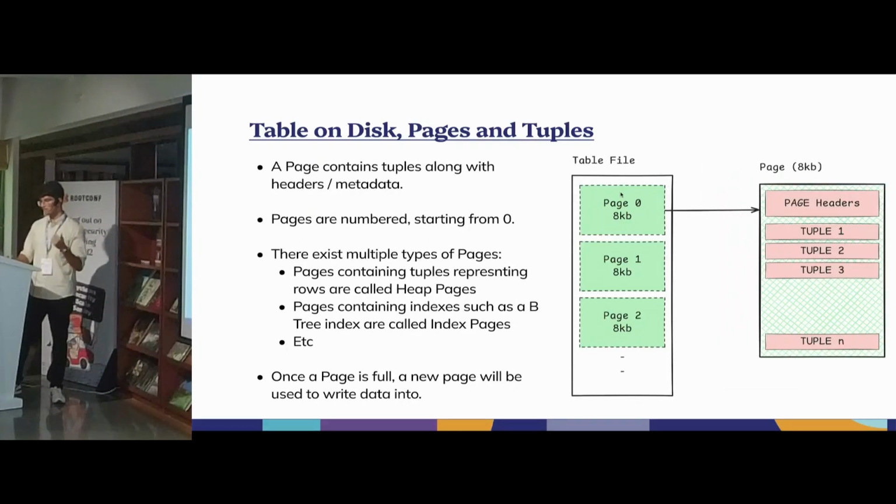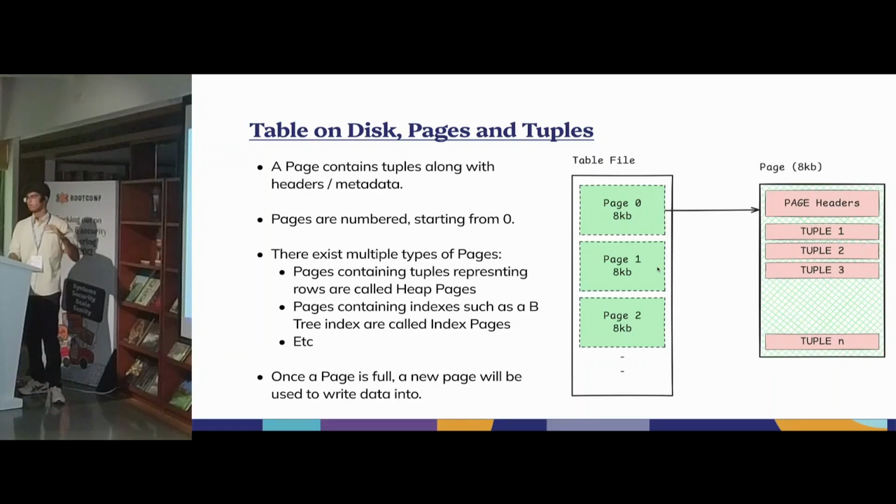And here you can see that the pages inside the table are the ones that house the tuples, right? The pages contain some metadata or headers along with the tuples it is going to store. And these tuples are storing the actual table data, such as the rows and columns. There exist other types of pages as well that store other pieces of information.